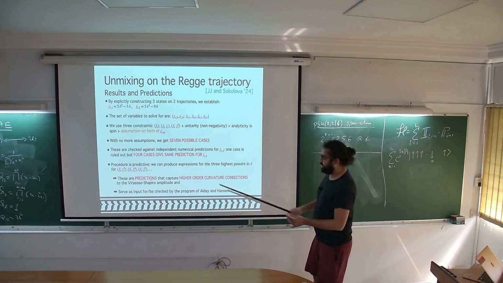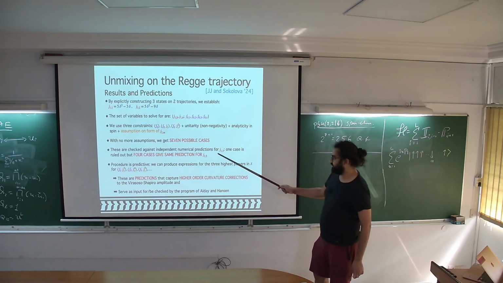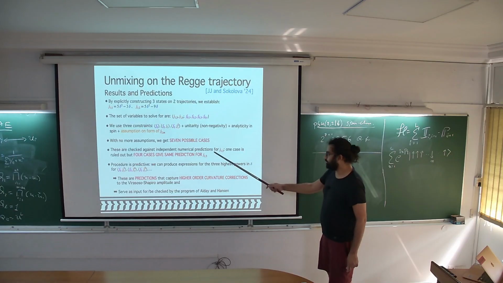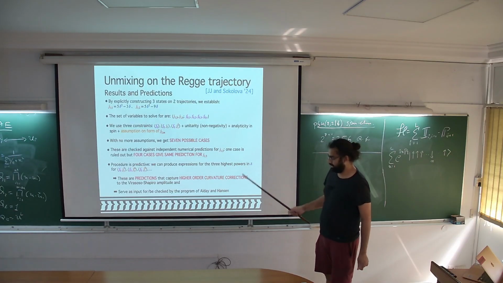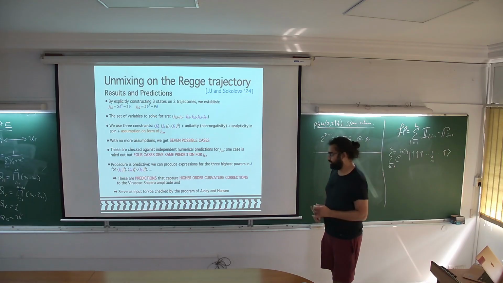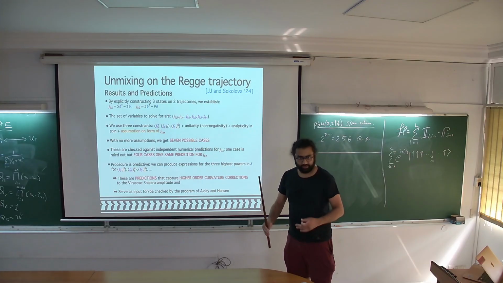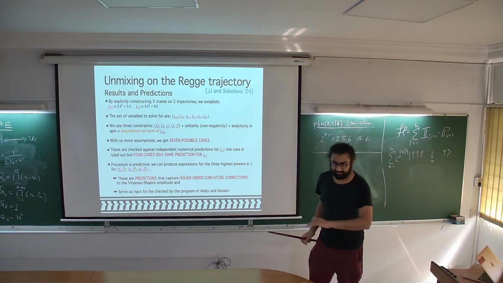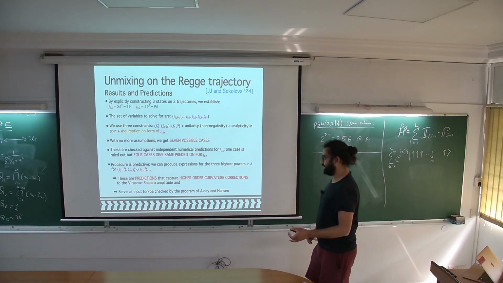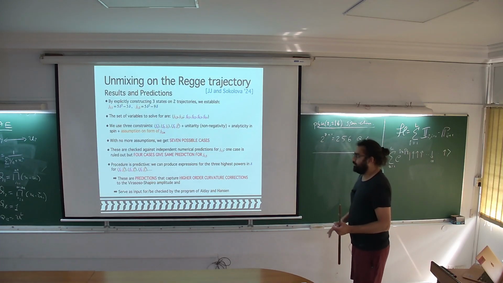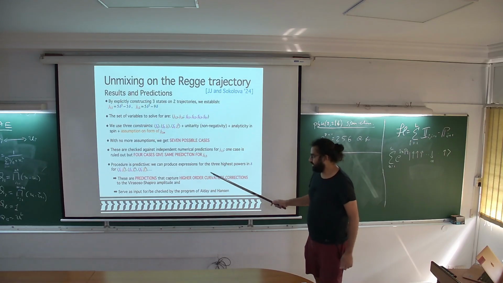So we can check these predictions against some numerical predictions for J13 and J14. That immediately rules out one case just because it predicts something which is definitely not even close to what we get from numerics. But anyway, there are 7 possible cases.